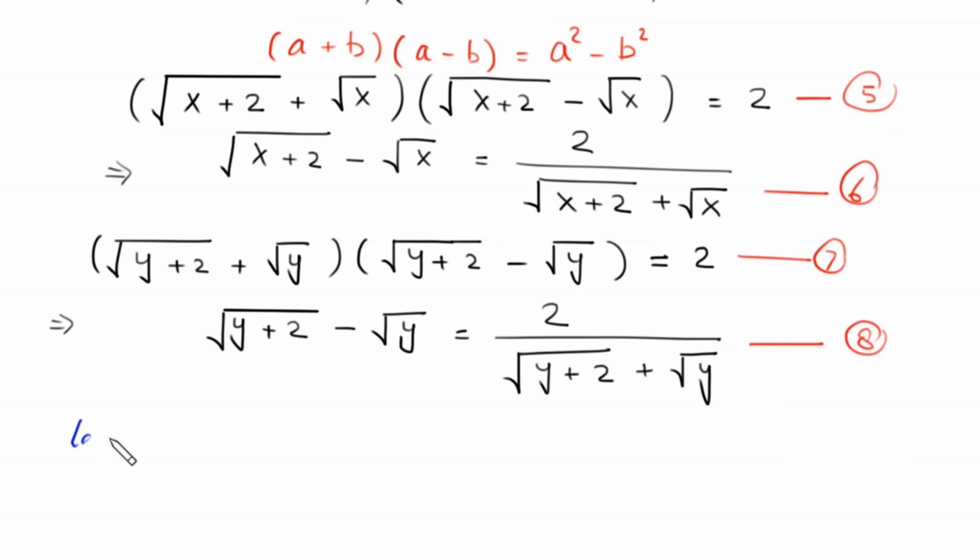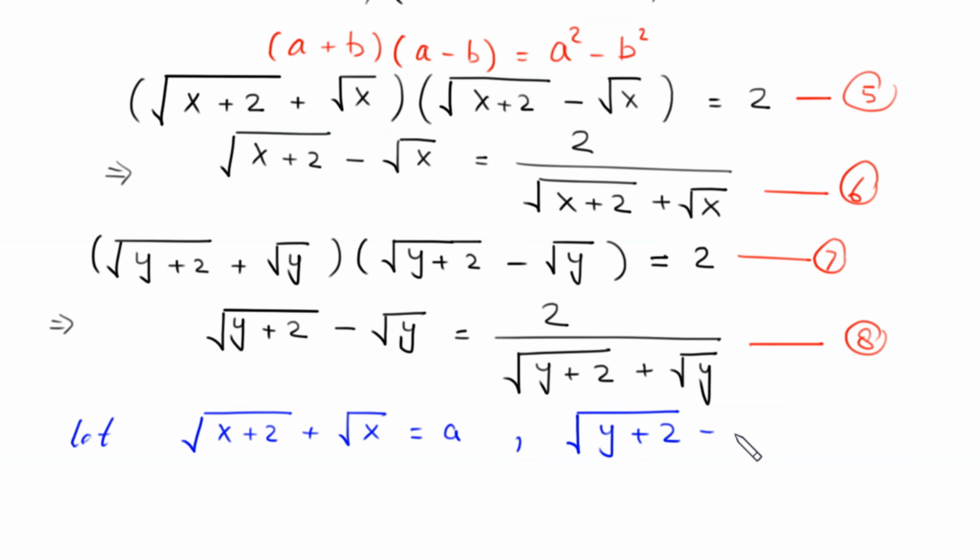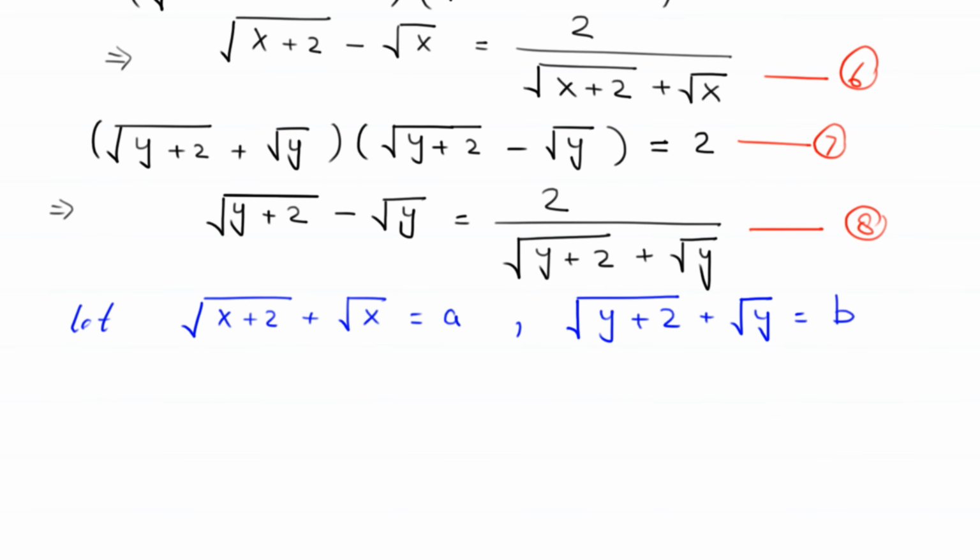Now we suppose that √(x+2) + √x = a, and √(y+2) + √y = b. Now we recall equation number 3 and 4.